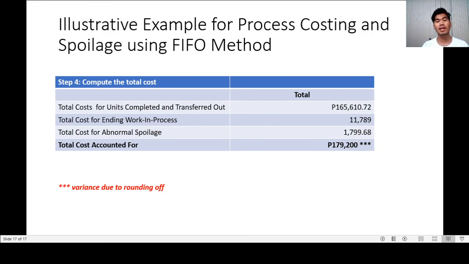Ang pinagkaiba lang niya, yung pag-account nung dahil nagkaiba yung equivalent unit cost. Pero the rest doon is halos pare-pareho lang, except doon sa beginning work in process units in accounting for the work in process units.